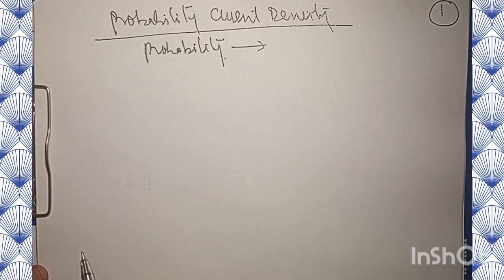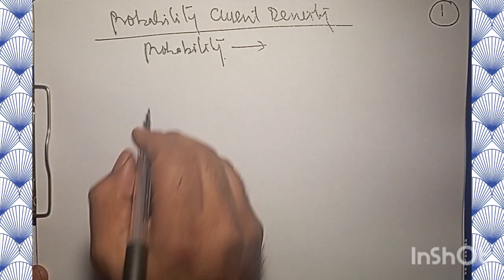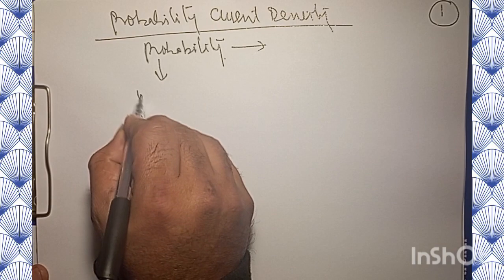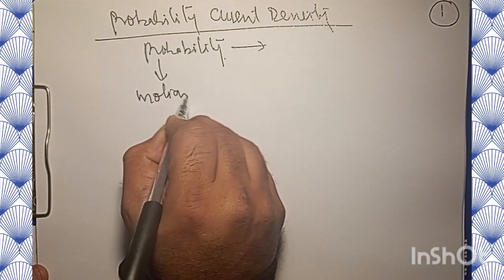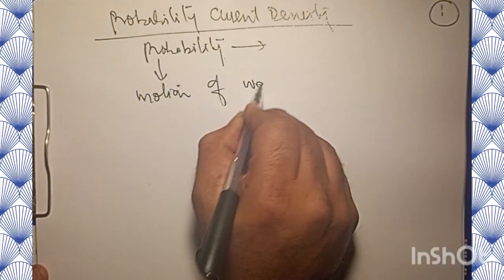That's the essentiality of the wave function, that we have to interpret it in terms of probabilities or probability amplitudes, and the motion of the particle is clearly to be associated with the motion of the wave packet. So here we have motion of wave packet.